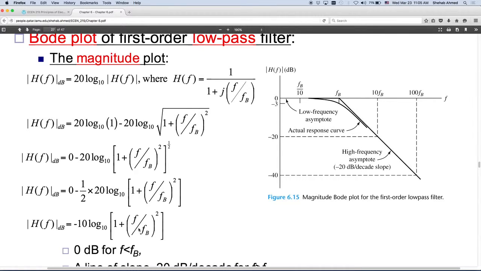And now all I need to do is substitute with numbers. So for very low frequencies, f is 0, for example. If f is 0, then it's minus 10 log base 10 of 1. So the magnitude in dB will be 0, right? So I know at low frequencies, I start at 0.